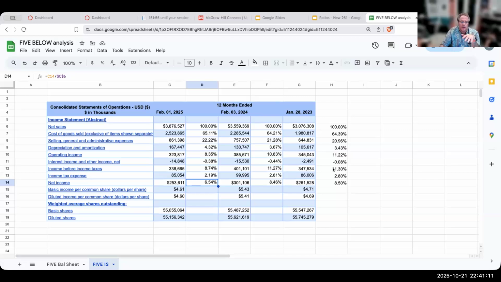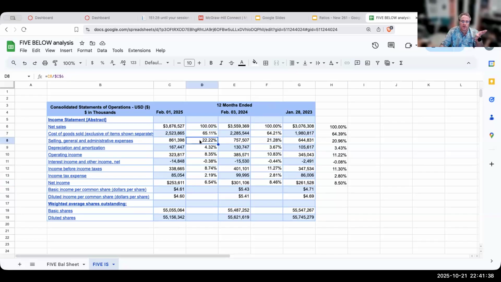I could also be asking about the cost of goods sold or my gross margin, which is really my gross profit percentage, roughly remaining at about 35%, or my net sales minus my cost of goods sold. My selling, general, and administrative expenses seem to be creeping up slightly from about 21% to about 22%. And this again is of total sales.